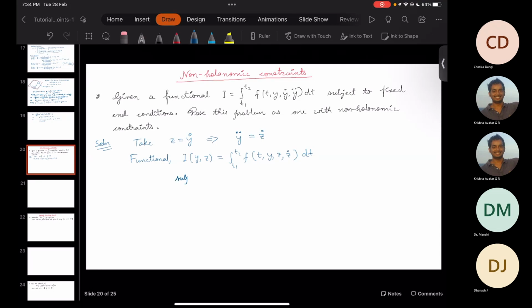And this is again subject to fixed end conditions, which we already know, so let's not write it.